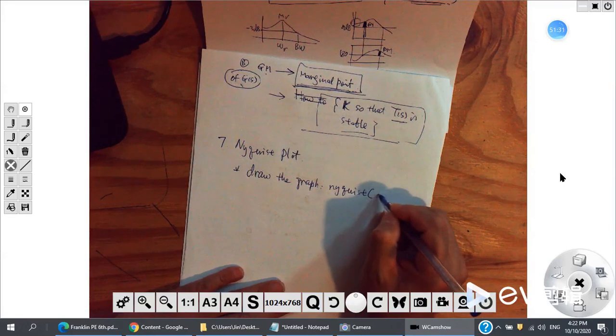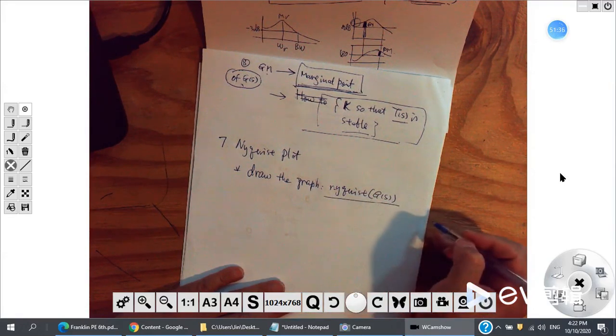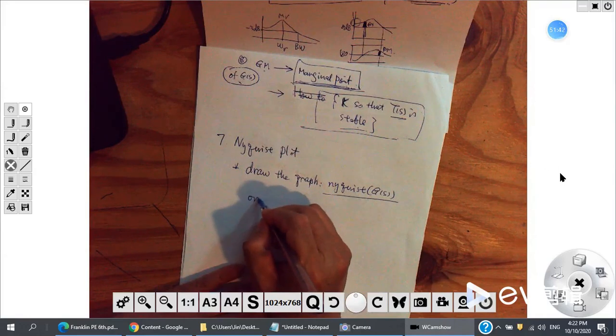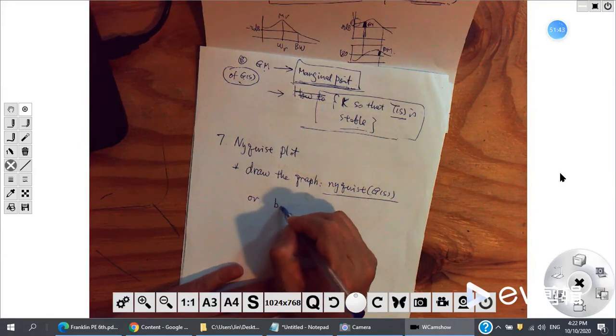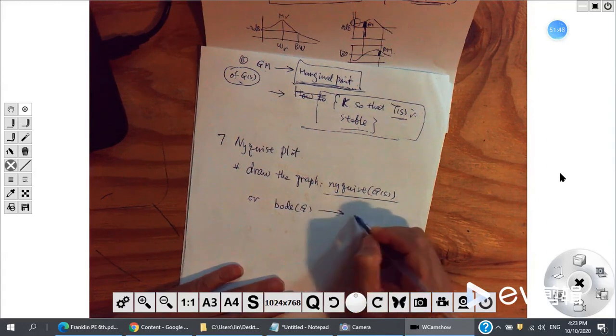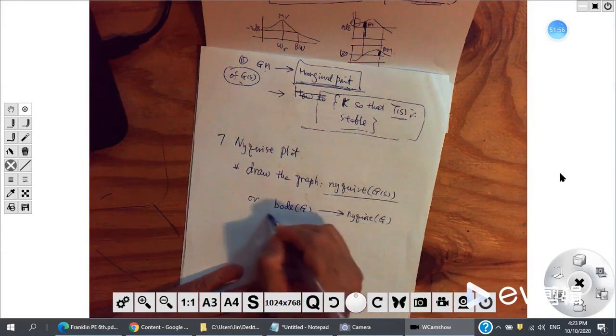Nyquist of that G of S. You can just use this one to draw it. Okay, and you can also, or from a Bode plot, you can have Nyquist plot.